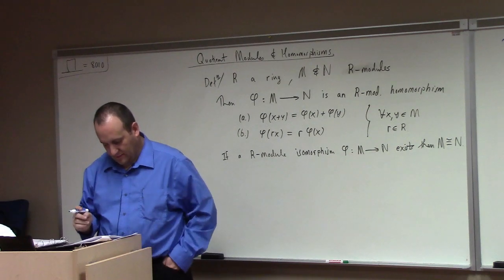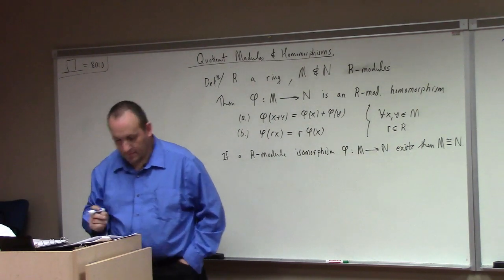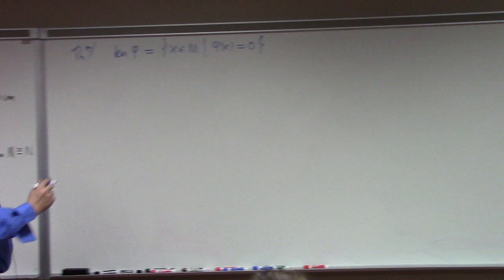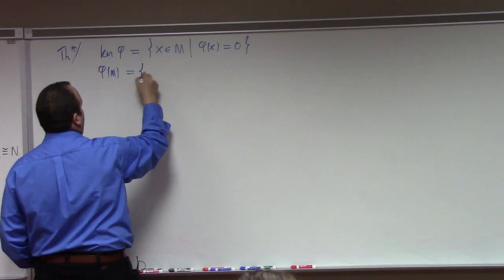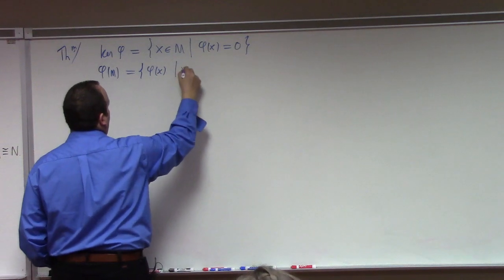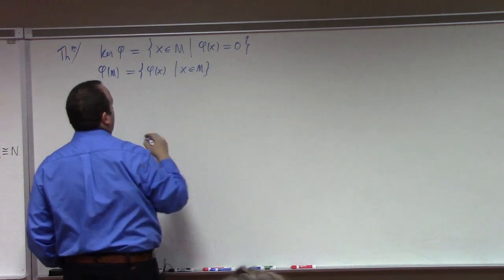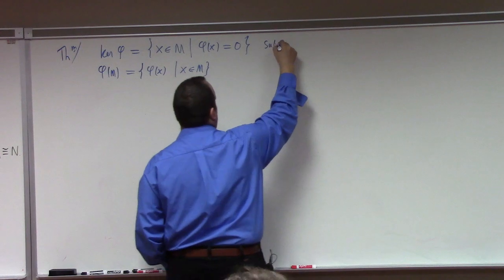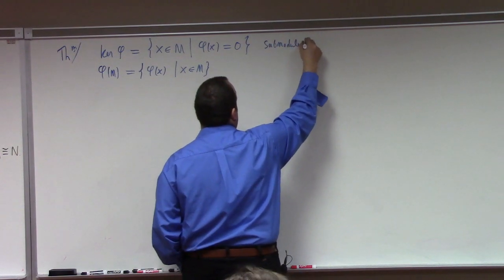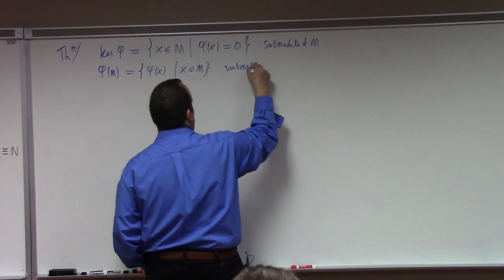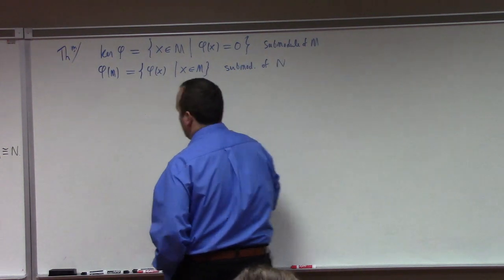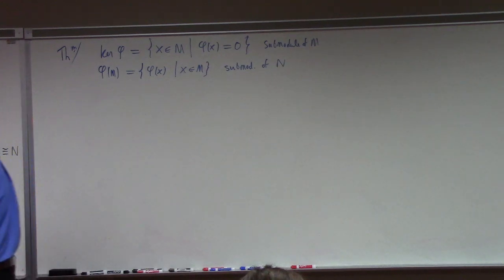This is a submodule of M. And what else can we say? φ(M), the image. This is a submodule of N. The image of an R module homomorphism is itself a submodule.